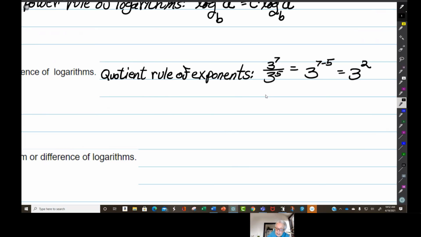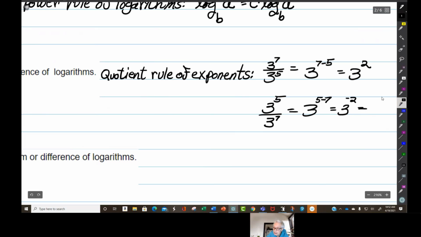And let us not forget 3 to the 5 over 3 to the 7th equals 3 to the 5 minus 7, which is 3 to the negative 2 power, which is 1 over 3 to the positive 2 power.